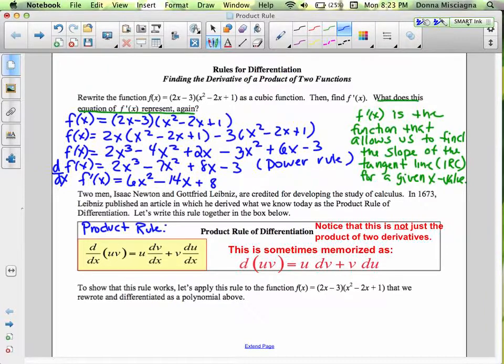To use the product rule, you take the first factor, in the case of our example that would have been 2x minus 3, times the derivative of the second term, plus the second term, in our example x squared minus 2x plus 1, times the derivative of the first term.